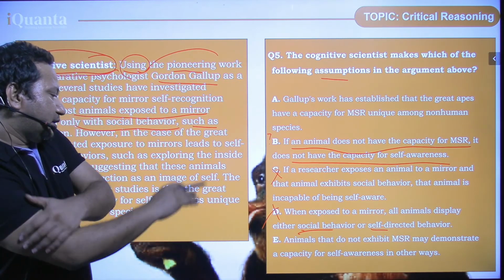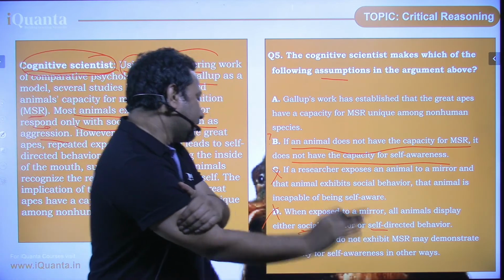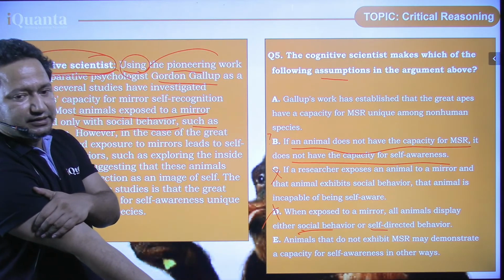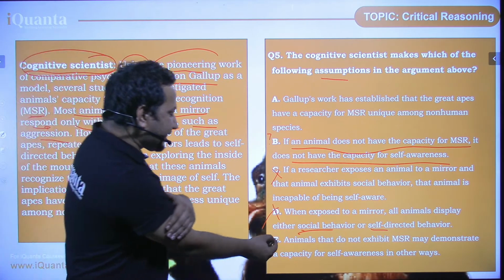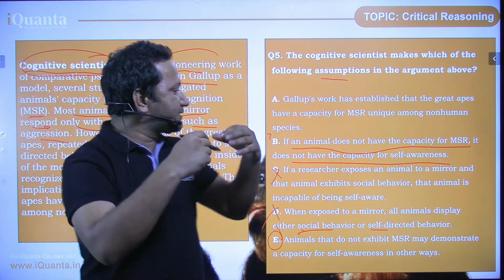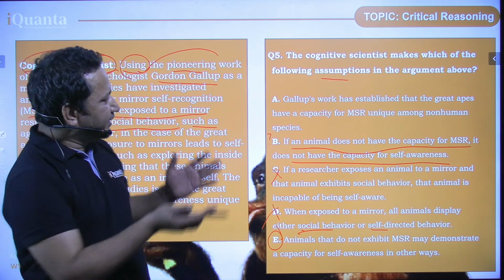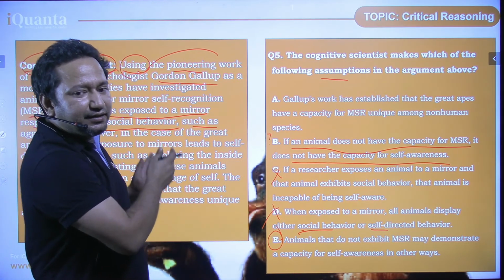E. Animals that do not exhibit MSR may demonstrate a capacity for self-awareness in other ways. Now, this can be a thought, this can be an argument which can weaken the statement provided in the passage, right?